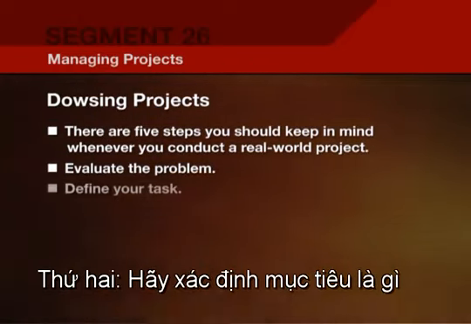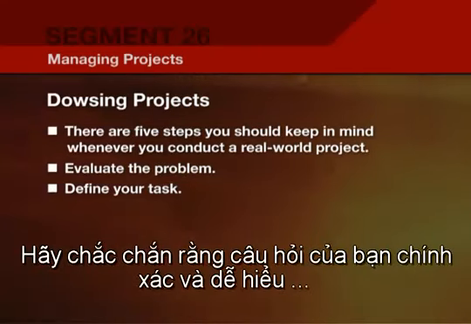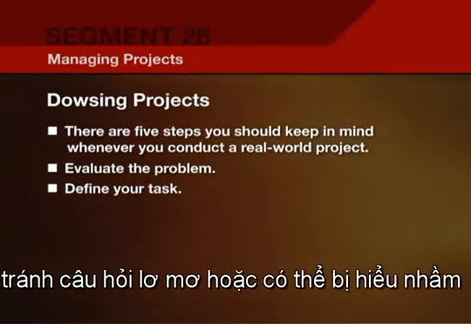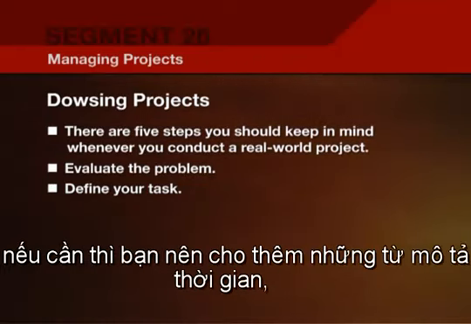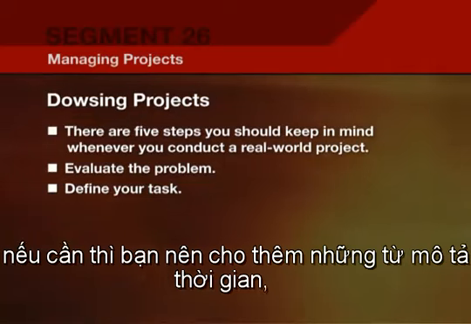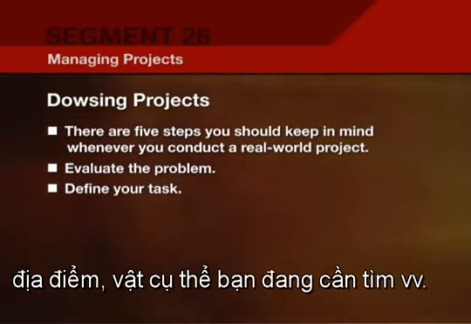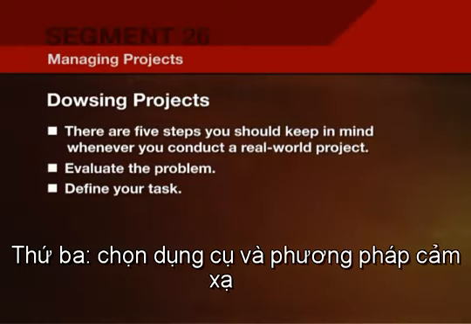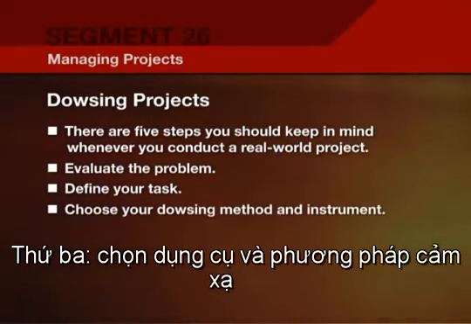Second, define your task. As previously explained, make sure that your phrasing makes perfect sense and eliminates the possibility of being too ambiguous. If needed, remember to include descriptors for defining time, location, and the specific object or answer you are seeking. Third, choose your dowsing method and instrument.